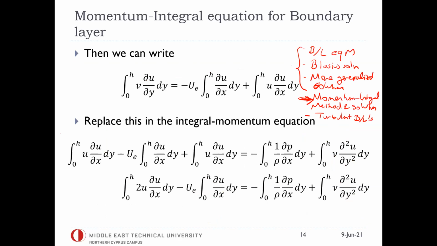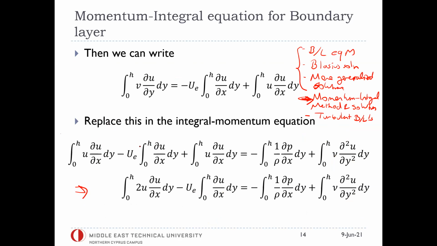We replaced all of these terms into our original momentum equation, and this is what we got. I guess that's where we left off last week at the very last minute.